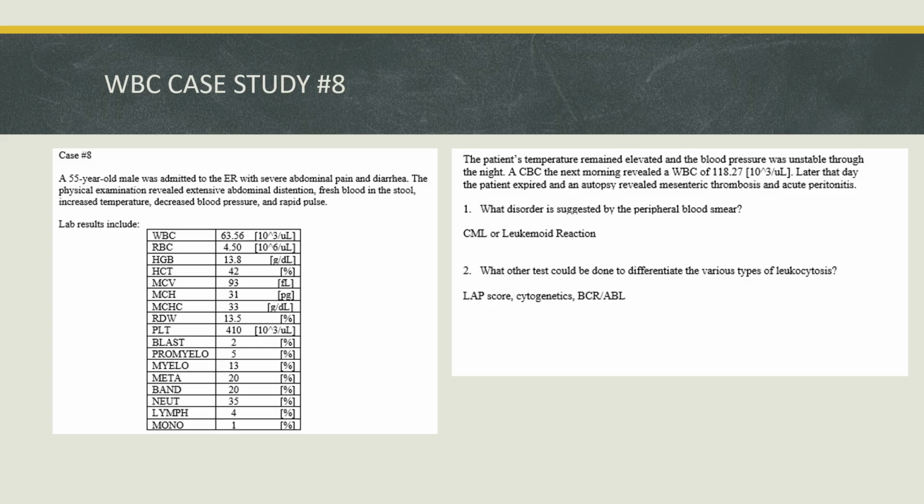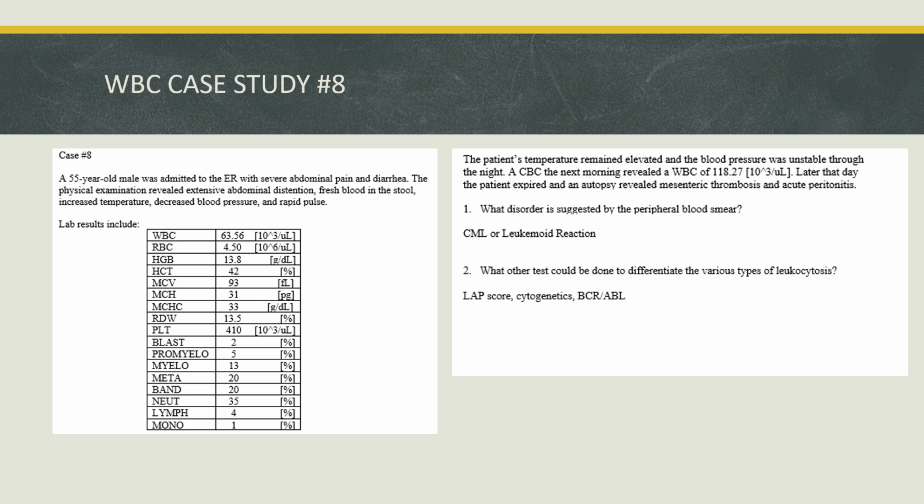We have a white blood cell count of 63.56, red blood cell count of 4.50, hemoglobin of 13.8, hematocrit of 42, MCV of 93, MCH 31, MCHC is 33, RDW 13.5, platelets a little elevated at 410.